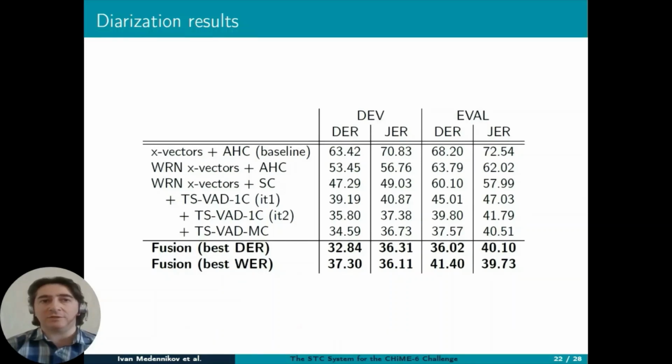The second iteration added 3 to 5% more. An additional reduction in diarization error rate is achieved through the use of multi-channel target speaker VAD and fusion of different models. It is interesting to note that the best ASR results were obtained on the segmentation not optimal with respect to DER, but better in terms of Jaccard error rate.